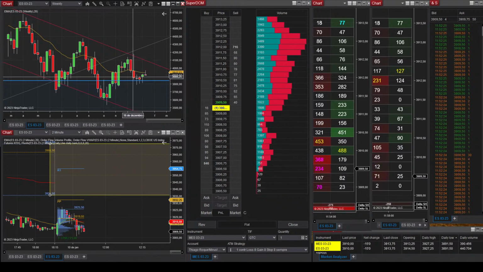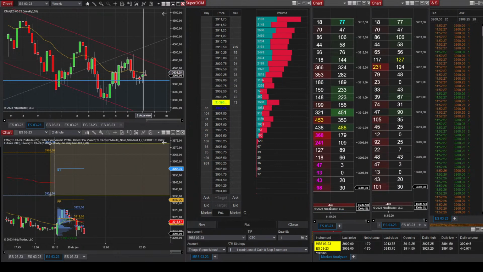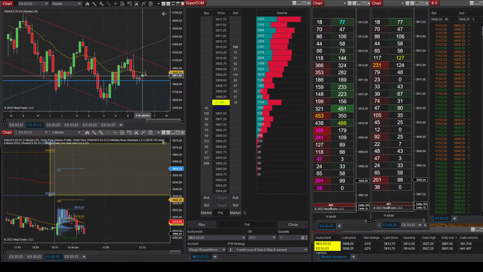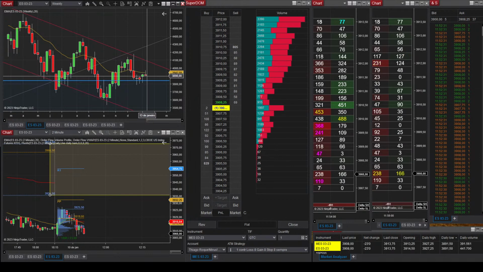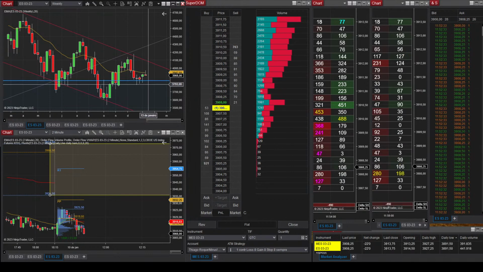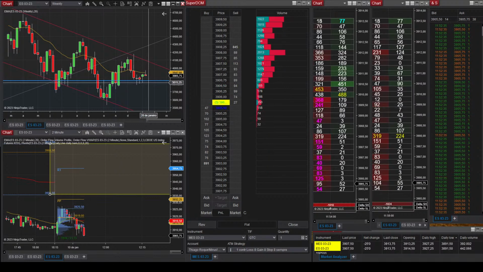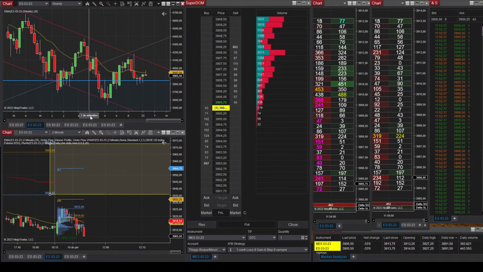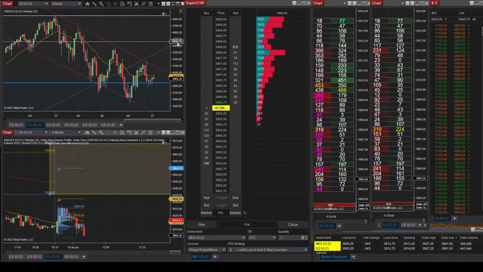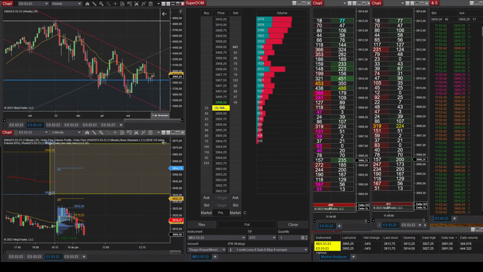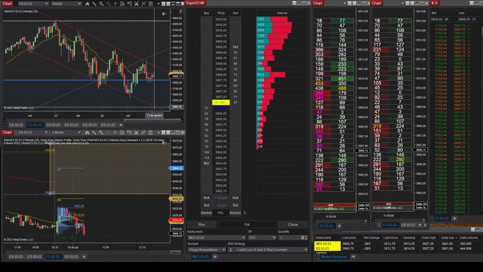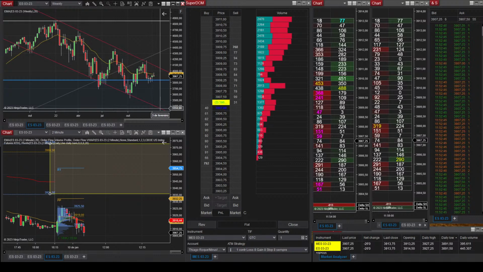So let's see here if it will be able to reach there, or if it will fail right here in the moving average and make a pivot here in the 37.90 and keep downwards.